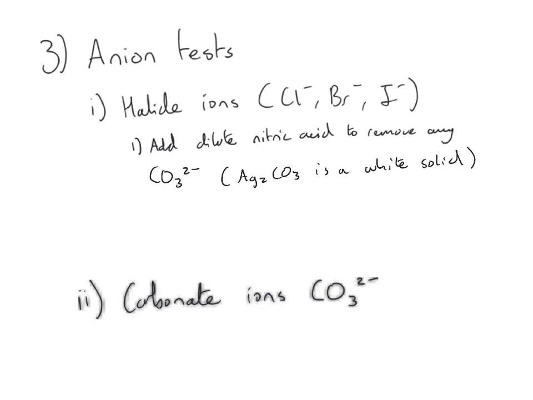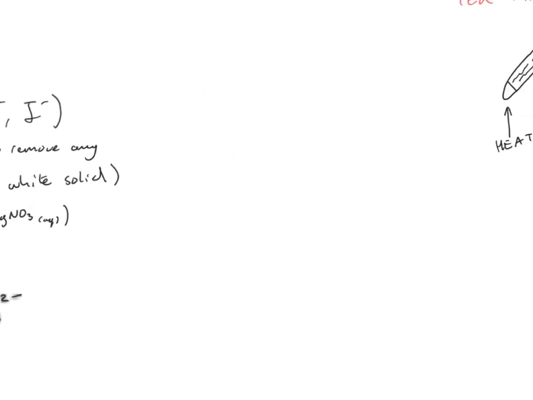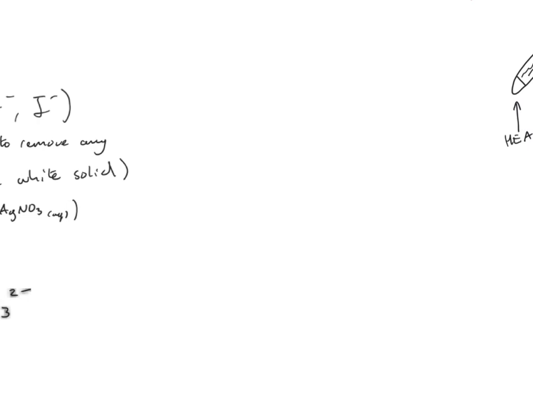Then what you do is you add in silver nitrate solution, which is AgNO3. And what you see is the following. You see a precipitate.